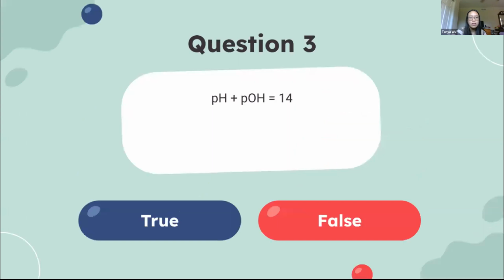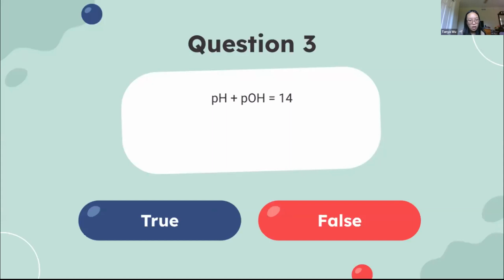Okay, does pH plus pOH equal 14? Okay, this one is true because remember the amount of hydroxide ions and hydronium ions have to multiply to 1 times 10 to the negative 14.